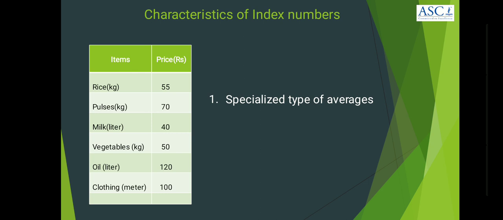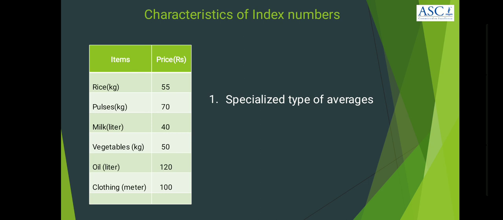It contains different items with their prices. But if you observe, the unit of measurement differs from one item to the other. Here, rice, pulses and vegetables are expressed in kgs, milk and oil are expressed in liter, and clothing is given in meters.